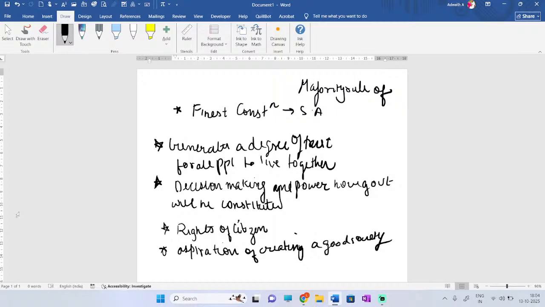Kanhaiyalal Maneklal Munshi. B.R. Ambedkar, chairman of the drafting committee, social revolutionary thinker. Shyama Prasad Mukherjee, born in West Bengal, founder president of Bharatiya Jana Sangh.